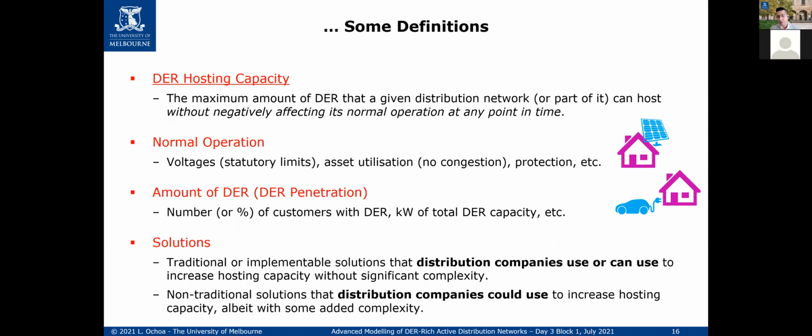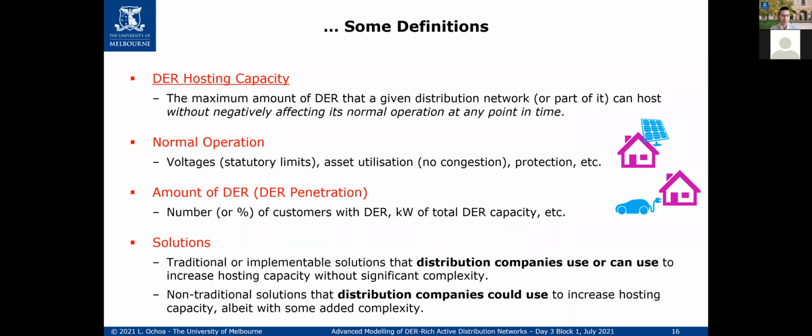So traditional for me, or implementable, are solutions that distribution companies use or can use, let's say, now, today, without significant complexity. Whereas non-traditional are those solutions that they could use, again, of course, to increase hosting capacity, but perhaps with some complexity, all right?